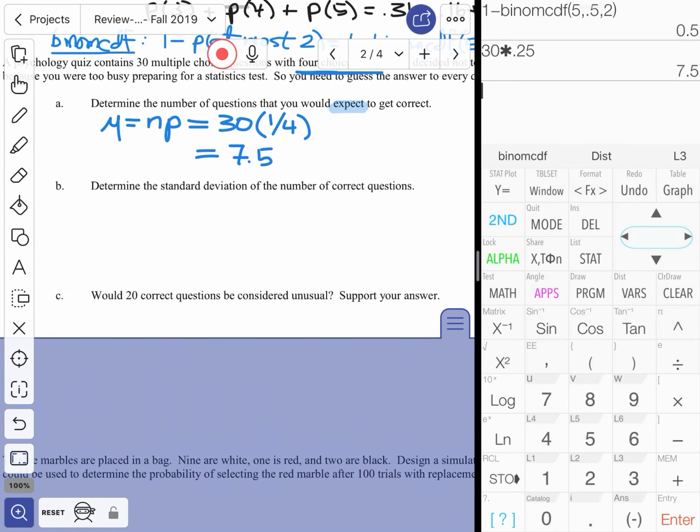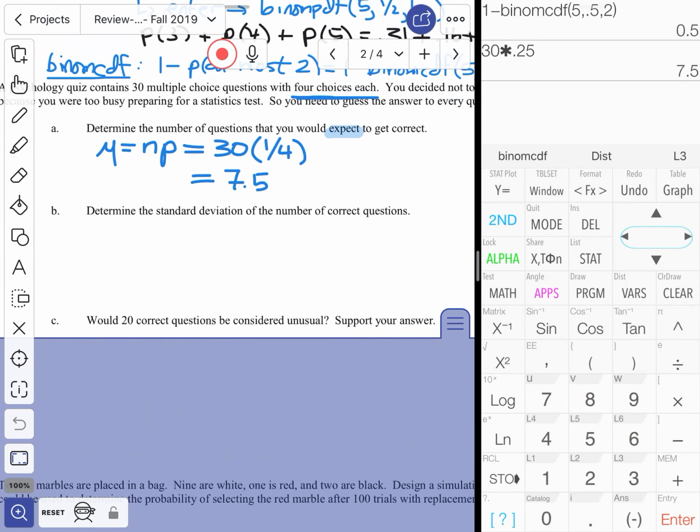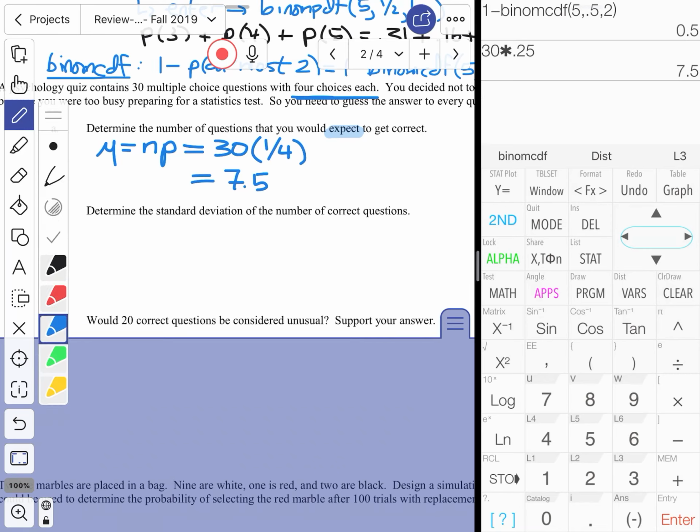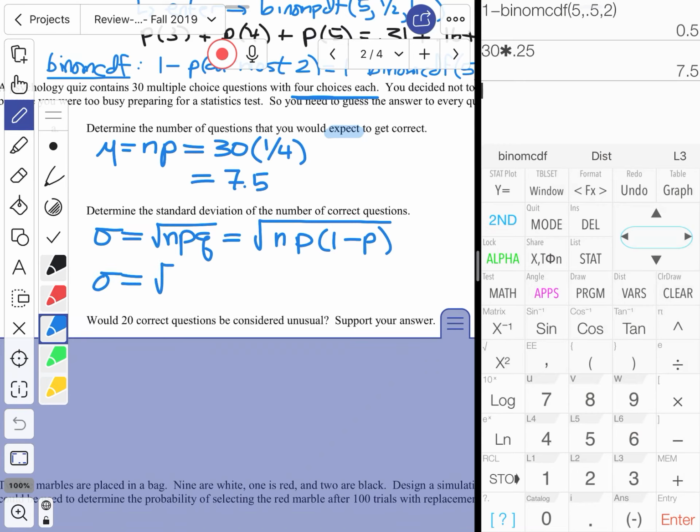All right. The standard deviation. Sigma is equal to the square root of npq. Now q is 1 minus p, so an alternate way of writing this formula is np times 1 minus p. All right. We've already established that p is equal to 1/4.